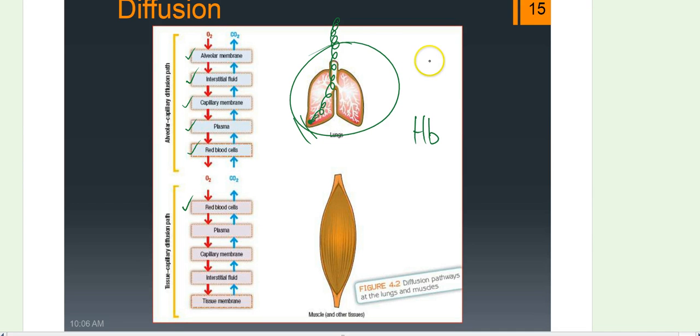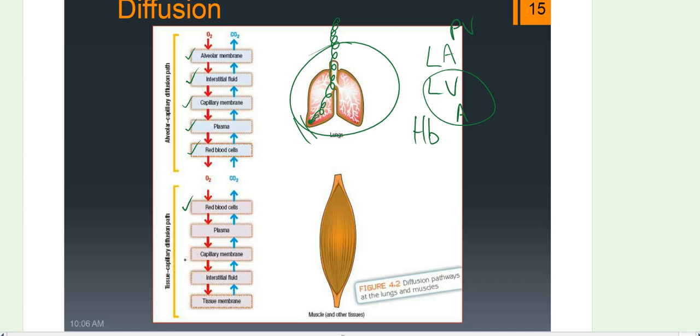So from our lungs, it would then go back into the left atrium through the pulmonary vein, into the left ventricle, and out through the aorta, being the main artery out of the left ventricle.